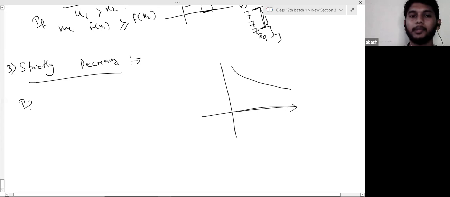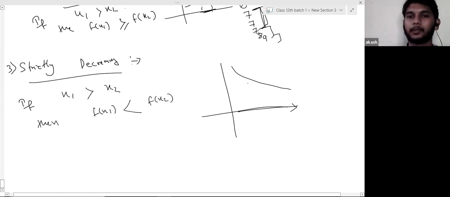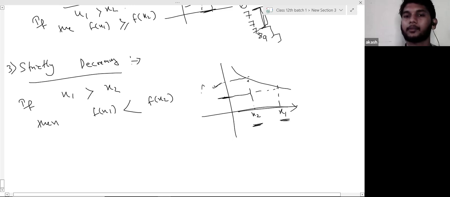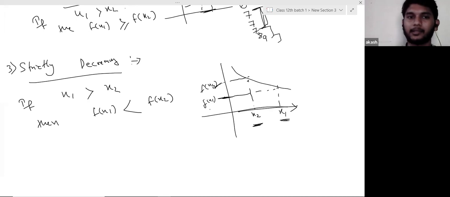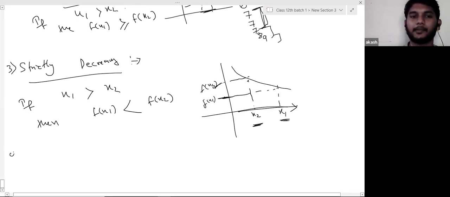And the definition would be if x1 is more than x2, then f of x1 must be less than f of x2. This is f of x2, this is f of x1, right? If x is moving, then y keeps on decreasing. This thing is clear. This is strictly decreasing.